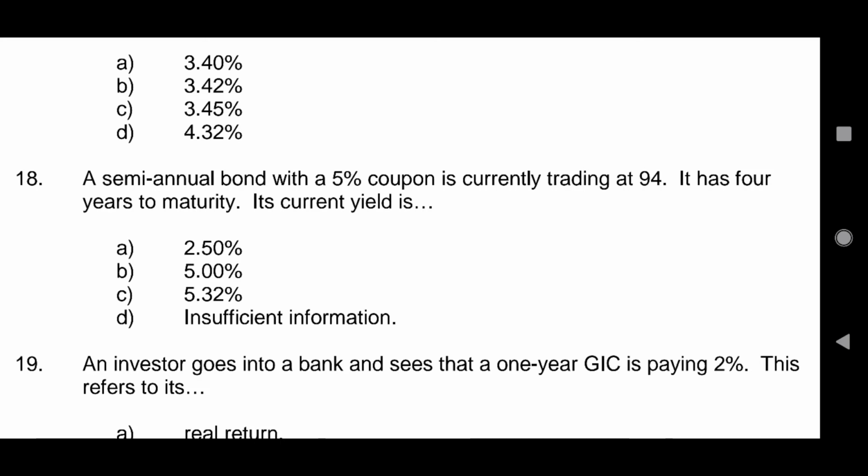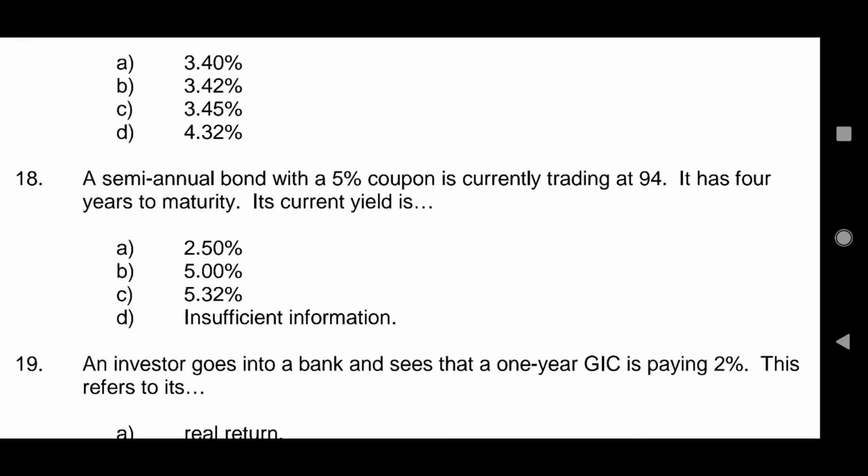We know that C does have to be the correct answer, and we've gone over 2 ways to figure that out. You could either intuit that obviously if you're getting $5 because the face value of this bond is $100, then you know that your return has to be greater than 5%. But you could also figure this out by going through the whole process and calculating it, in which case you would just take your $5 divided by what you paid, $94 times 100.